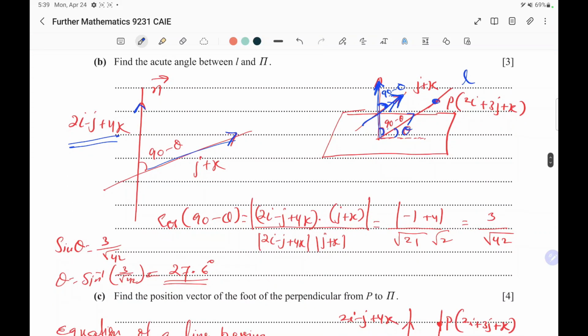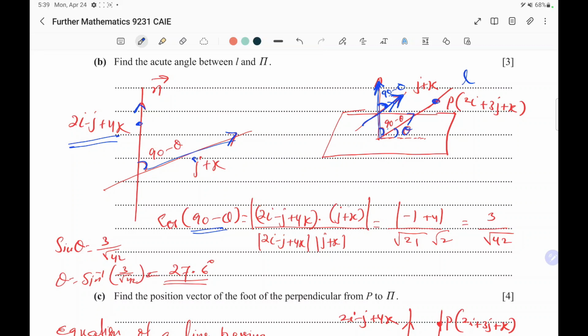Now the angle between these two vectors, we know the cos of the angle between them. So cos of 90 minus theta is the dot product of these two vectors over the magnitudes. So 2i minus j plus 4k dot j plus k over the magnitude of 2i minus j plus 4k times the magnitude of j plus k.